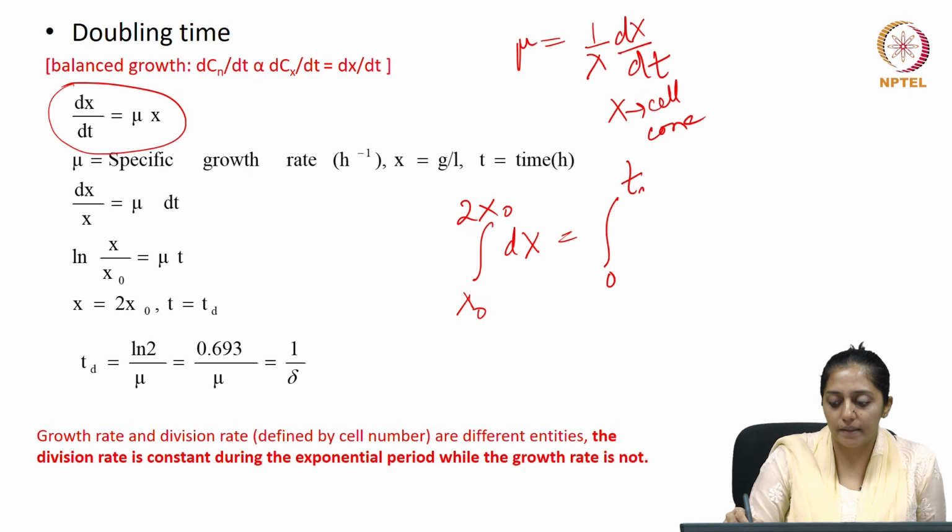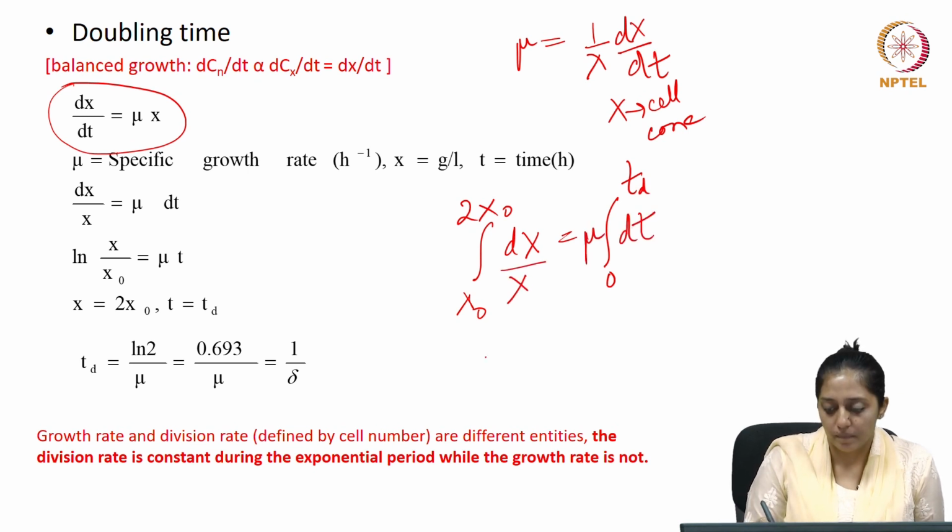and we need to find that doubling time. So, then it becomes ln of 2x naught by x naught is equal to mu t.